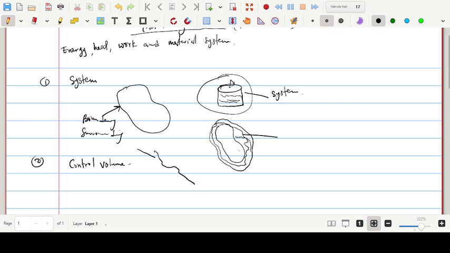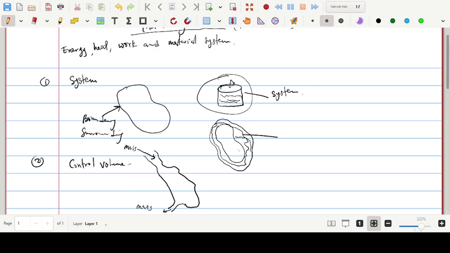When you have something like this, you can draw any shape, nobody will penalize you for that. So matter or mass is coming in, and at the end here it goes out. So when matter comes in and goes out, that's when we have a control volume.